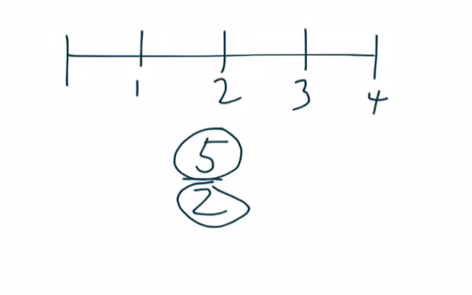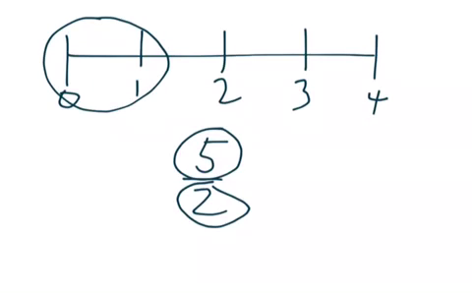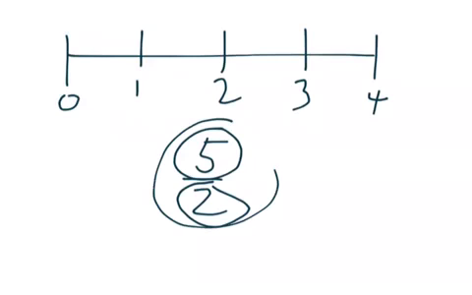So instead of taking 0 to 1 and making it larger like we did down here, we are using the entire number line to find this fraction. Every single one of these is a whole. This is 1, that's one whole. This is another whole.